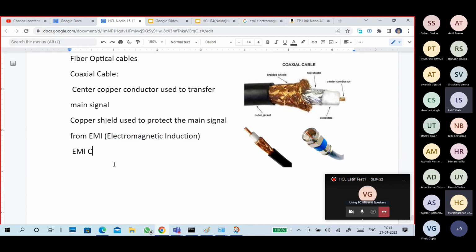Okay, there is a copper shield. What is the use of this copper shield? It protects your main signal from electromagnetic induction.